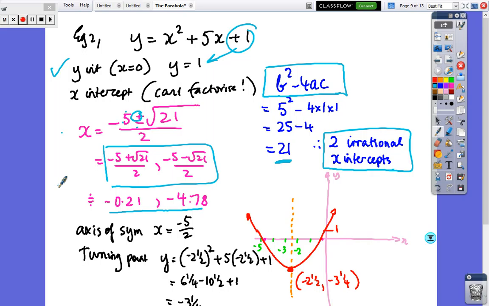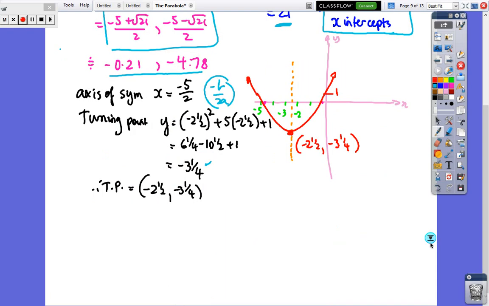The axis of symmetry, we're going to go back to the minus b over 2a formula, just like we did before, and then plug it in to the y function to get the value. And I'll just jump it up a bit. So there's your turning point, and let's just join the dots. So you've got your x-intercept, your x-intercept, your y-intercept will be up above, and there's your turning point, and just join it in a nice smooth curve. Okay, so copy that, and when you're ready, come across.